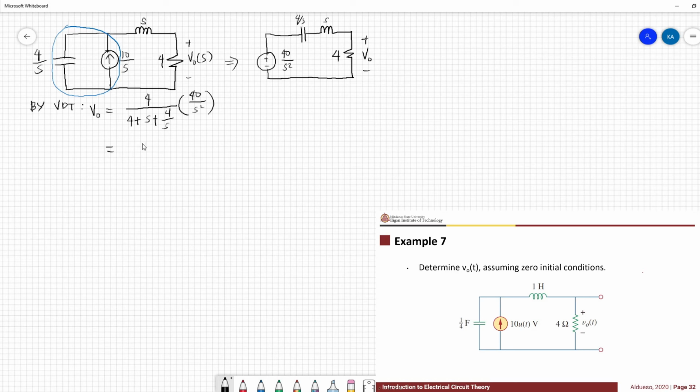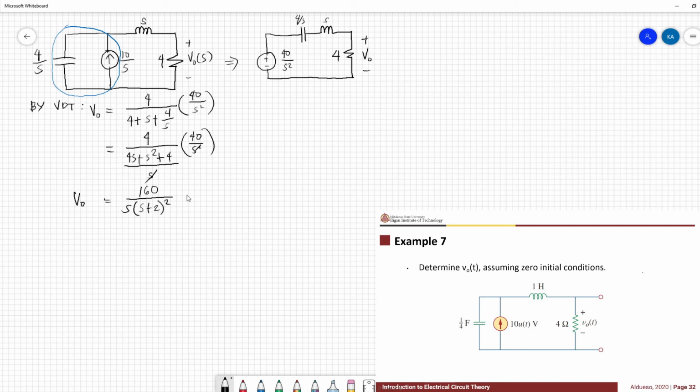This becomes 160 over s times (s plus 2) squared.